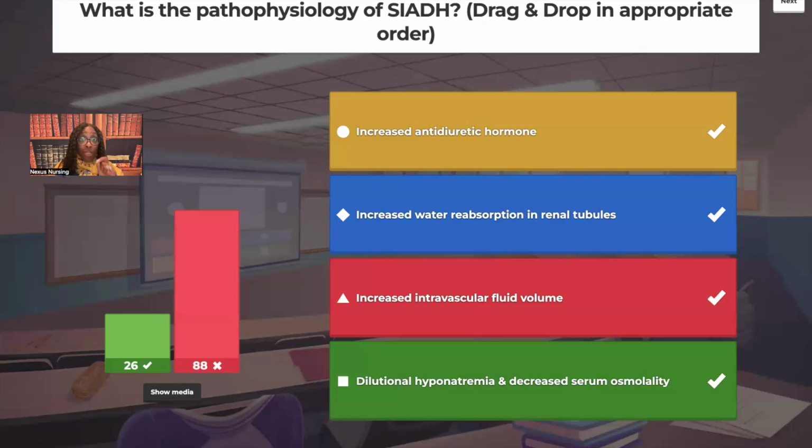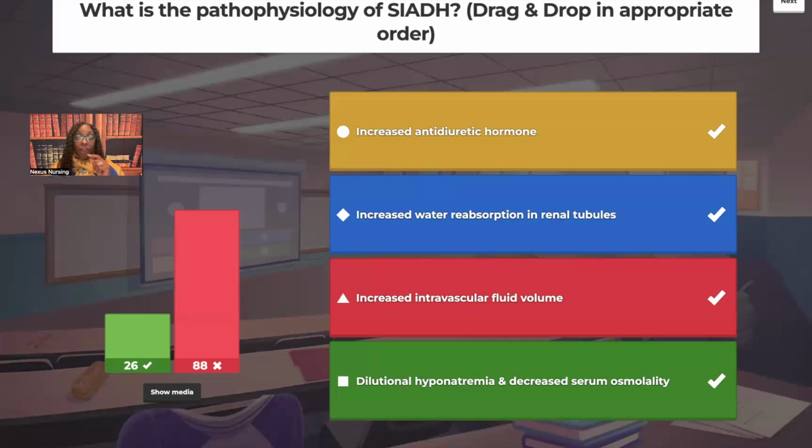Be very, very careful, because for testing purposes, guys, one letter will make you get it wrong. There is a difference between reabsorption with an A or resorption without an A. If there's an A and it says reabsorption, that means to take back up, right? So when it comes to the fluid, the kidneys make the body take the fluid back up.